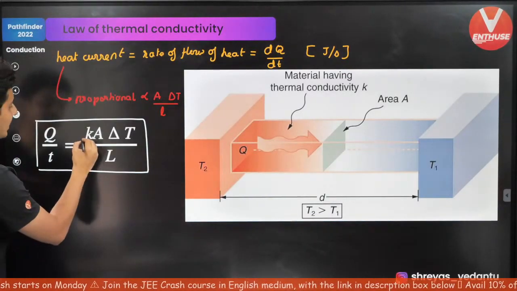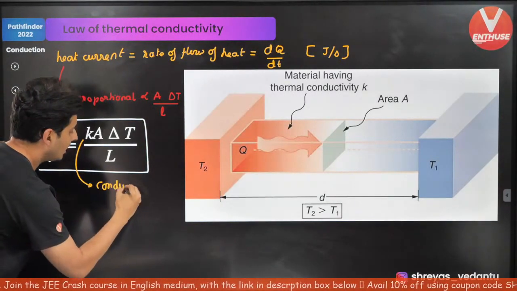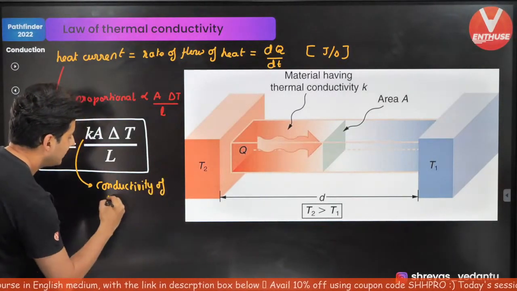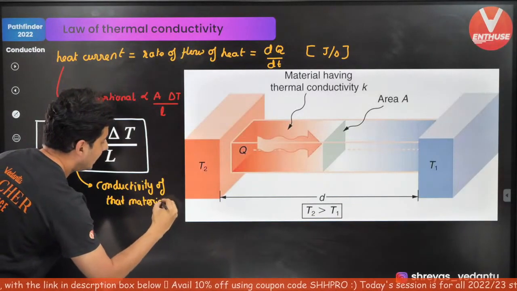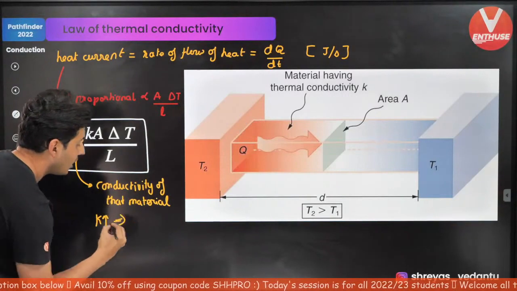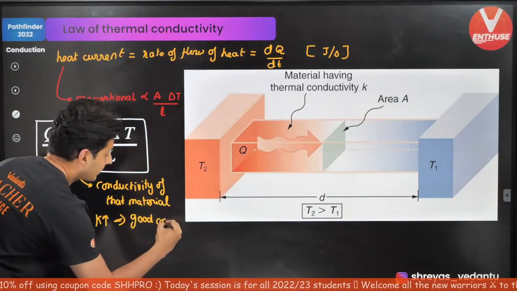Well, that K is called the conductivity of that material. If K is more, it is a good conductor.